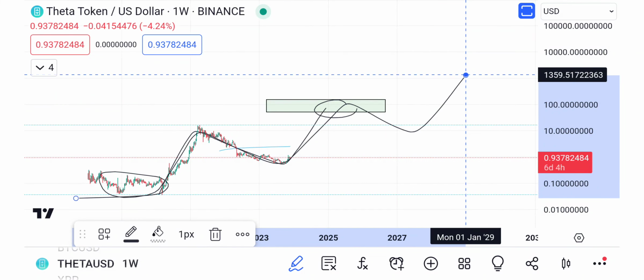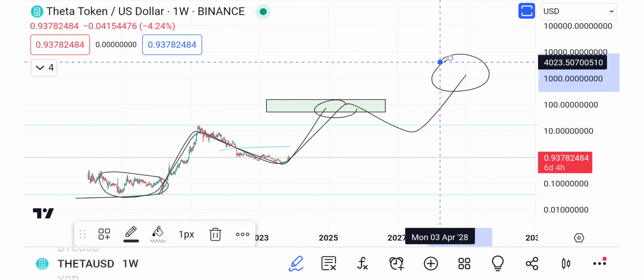If we want to get into that $1,000 plus area, we're going to need some serious capital, liquidity, market cap to back it up. And the only way you get that is with adoption, utility. Theta has the utility.